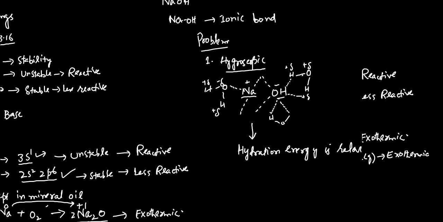So when a high hydration energy is released, that means sodium hydroxide is less stable than when it is present in the water as ions. As the hydration energy is released, which stabilizes them, they prefer to be in this situation.